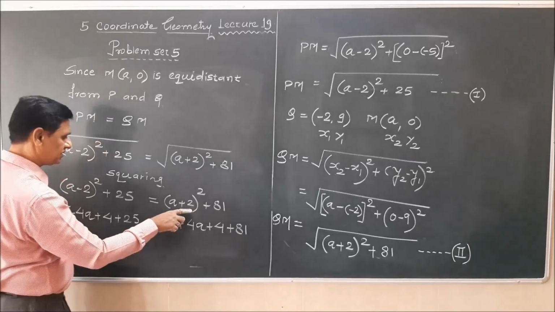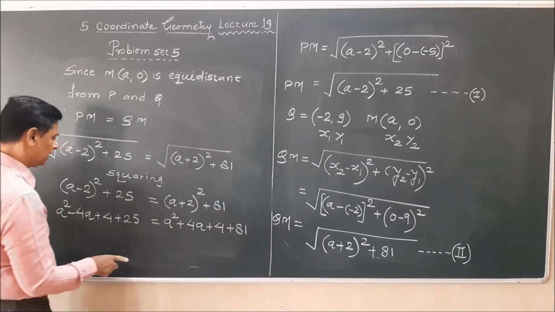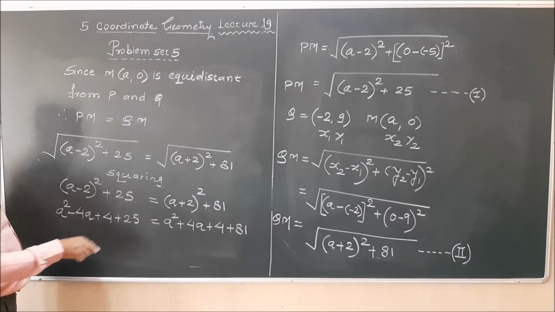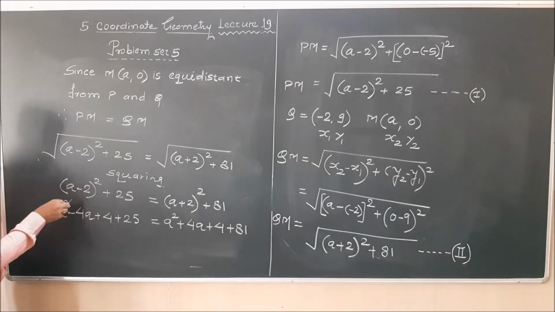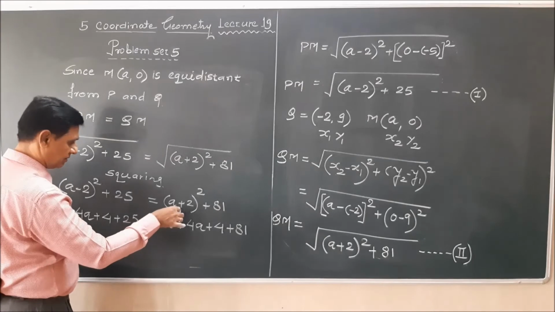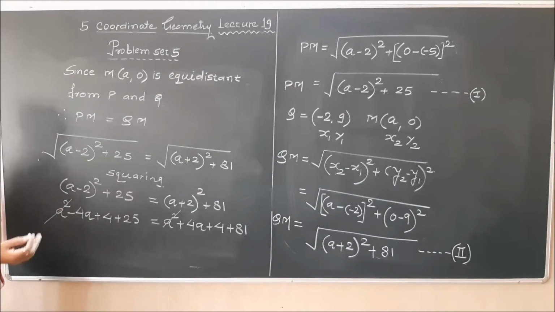I expand the left side by using the formula a minus b the whole square and the right side by using a plus b the whole square. a square and a square will cancel from both sides.